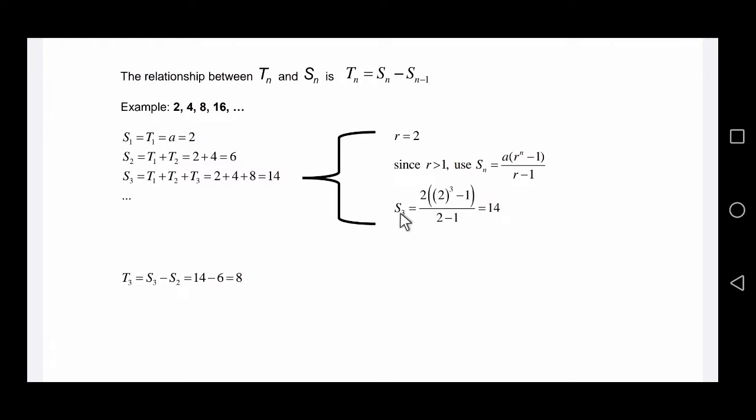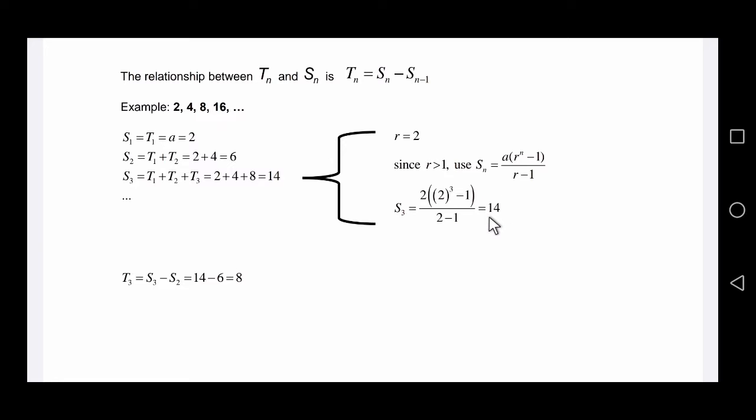So if you want to find S3, S3 equals 2 times 2 to the power of 3 minus 1 over 2 minus 1, where A equals 2 and r equals 2.